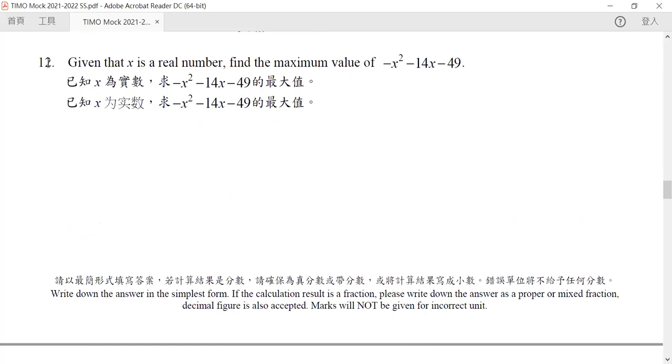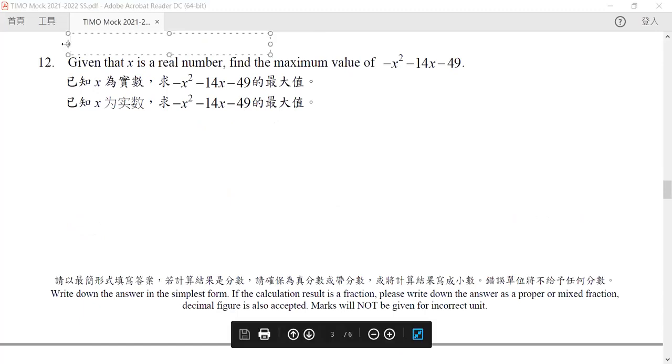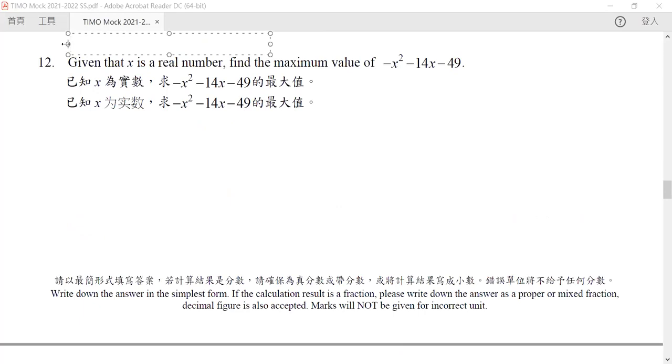Again, for this question, whenever we see finding the extreme values of a quadratic equation, we always use the same method, completing the square. Completing the square means that we want to rewrite the equation into a square of a linear expression and a constant.